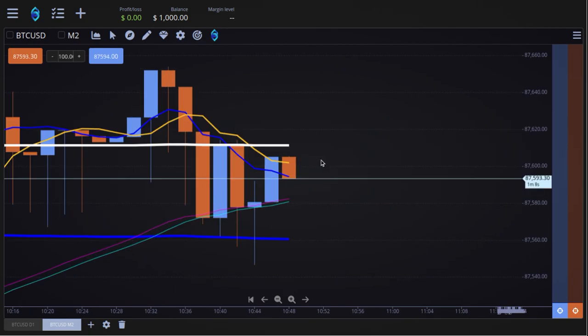If we zoom in and look all the way to the right, this orange candlestick shows that it started right up in here and the price was going down. Candlesticks are nothing but digital footprints from left to right, letting you know how the price is moving up and down, where it started and where it ended.